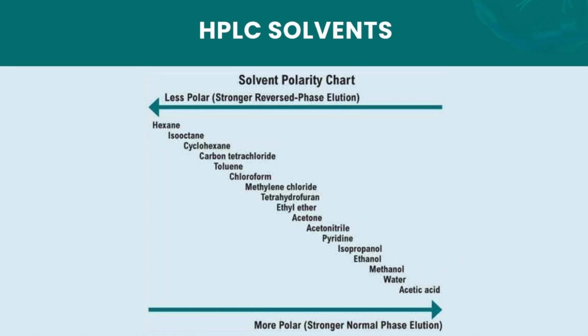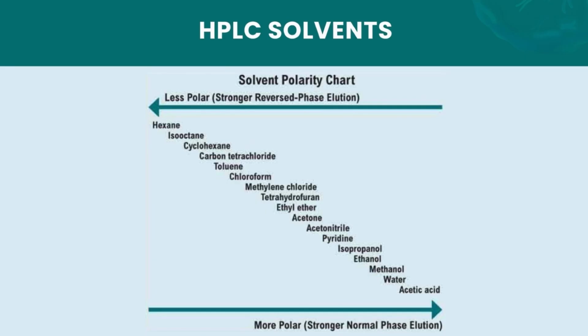So the most polar compound that is used as a mobile phase in HPLC is acetic acid, whereas the most non-polar solvent that is used in HPLC is hexane, and all other solvents are in between, so we have plenty of choice. We can not only choose one of these solvents, we can also mix various types of solvents in order to make the elution a gradient type.